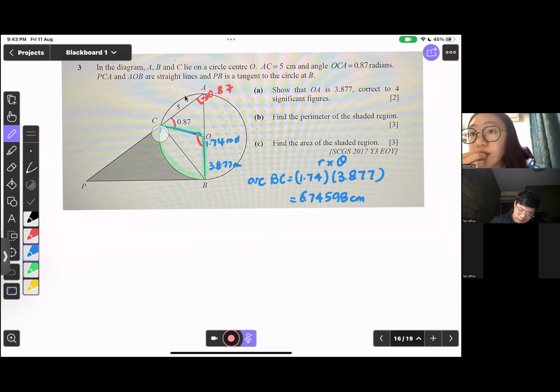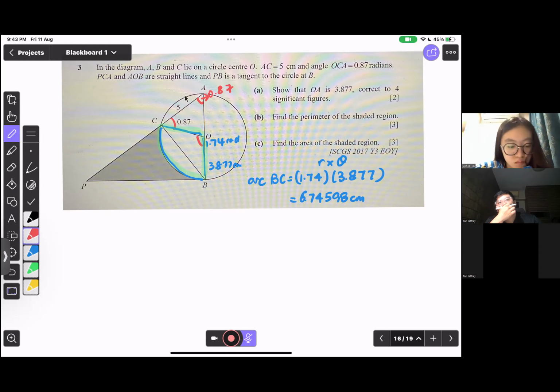This is your BC. Wait, perimeter. Then after that, what do I need to do?